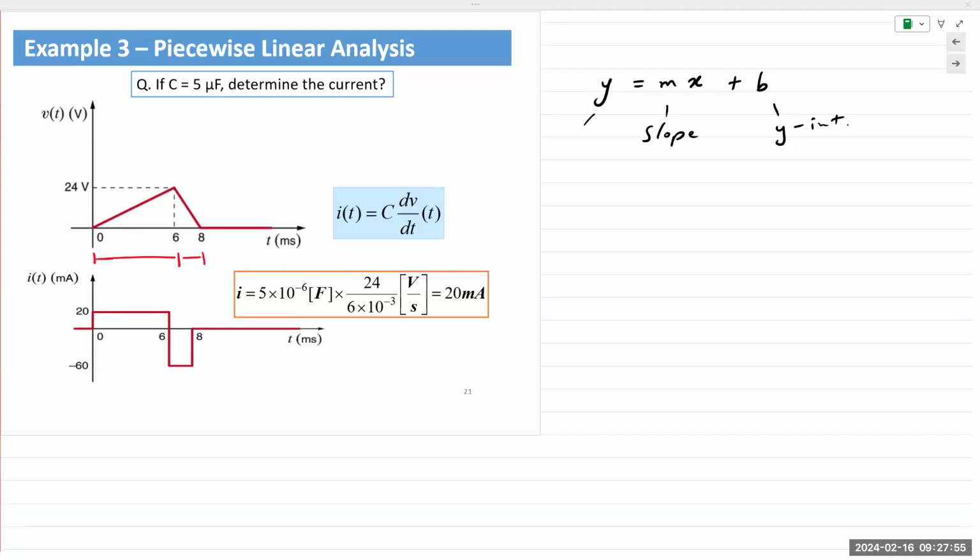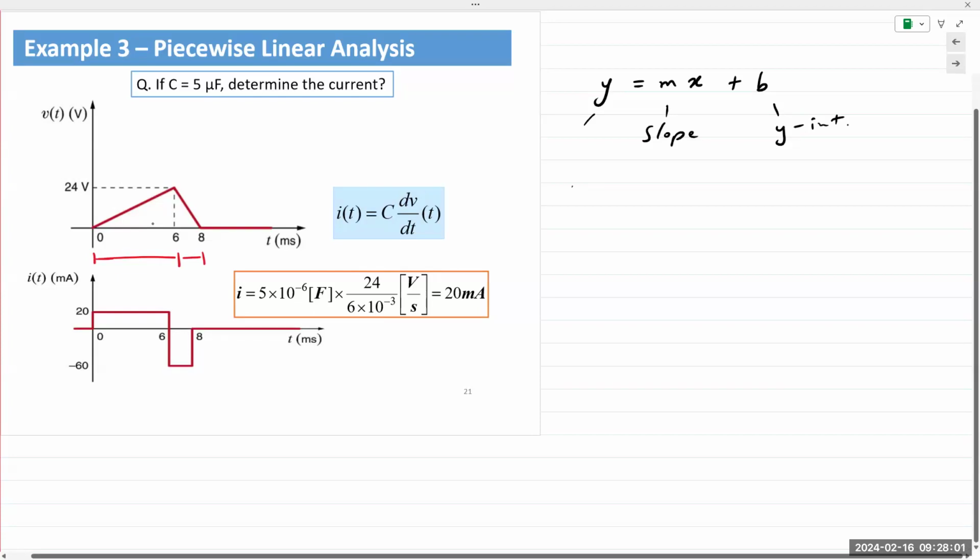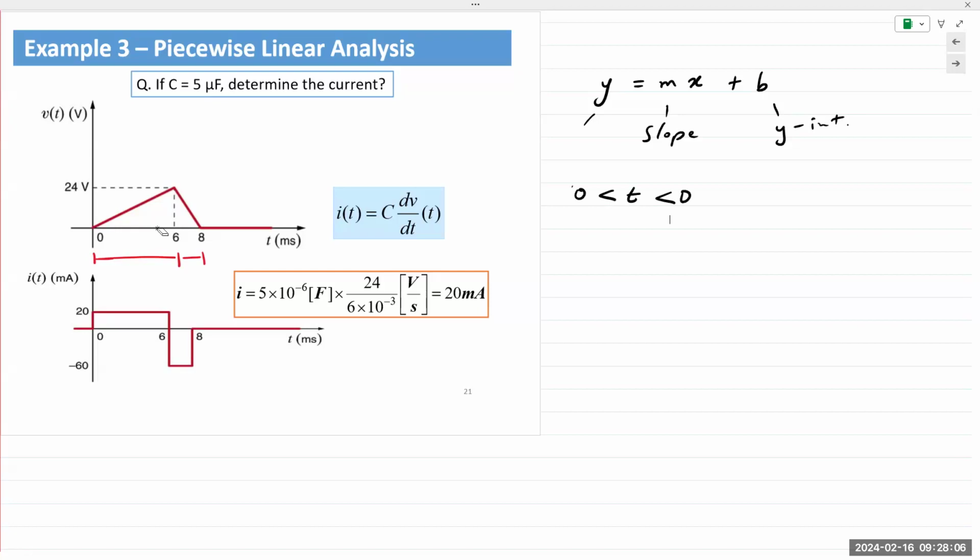Okay, so let's look at time values from 0 to 6. And this is milliseconds, so always be careful about the unit prefixes. Unit prefix milli.